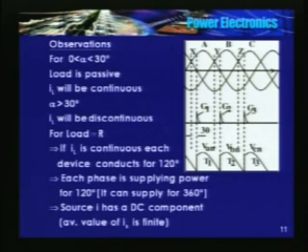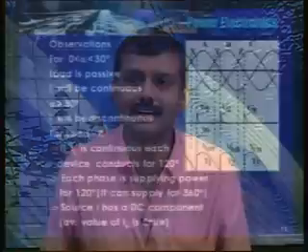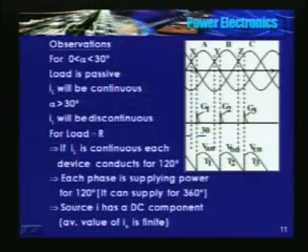So in a three-phase half-controlled bridge, prior to triggering the thyristor connected to phase A, the thyristor connected to phase C was conducting. Remember, so prior to triggering T1, T3 was conducting. So in this region, T3 was conducting.